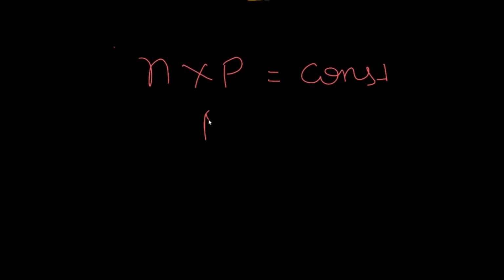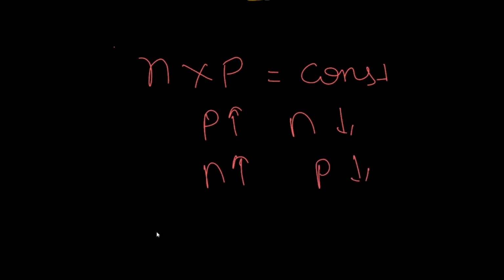The law of mass action, which holds true for intrinsic semiconductors, also holds true for extrinsic semiconductors. So the number of electrons times the number of holes is always constant. If we try to increase the holes, the electrons decrease. If we try to increase the electrons, the holes decrease.